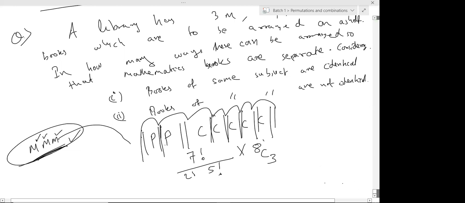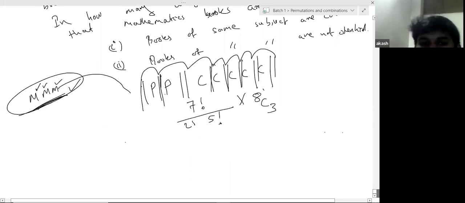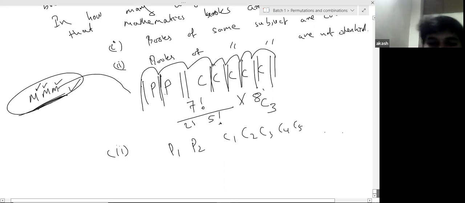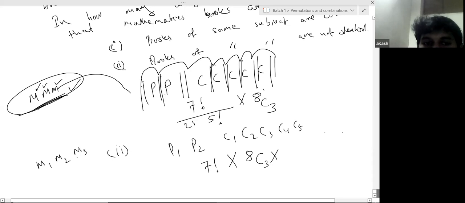Yes, sir. All right. In the second part, I have P1, P2, C1, C2, C3, C4, C5. Again, I can arrange them. So this is 7 factorial ways, right? Choosing any 3 gaps out of 8, so 8C3. But now because I have M1, M2, M3, they can be arranged internally also.